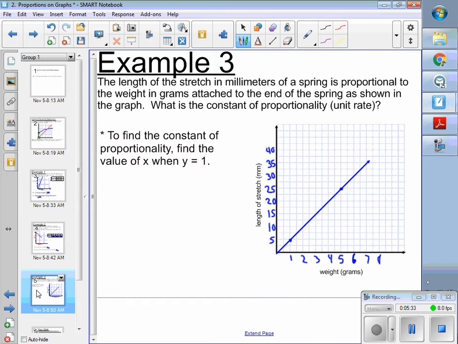The length of the stretch in millimeters of a spring is proportional to the weight in grams attached to the end of the spring as shown in the graph. What is the constant of proportionality, or the unit rate? To find the constant of proportionality, we find the value of x when y is 1. So, to do this, if you look here, it says find the value of x when y is 1.